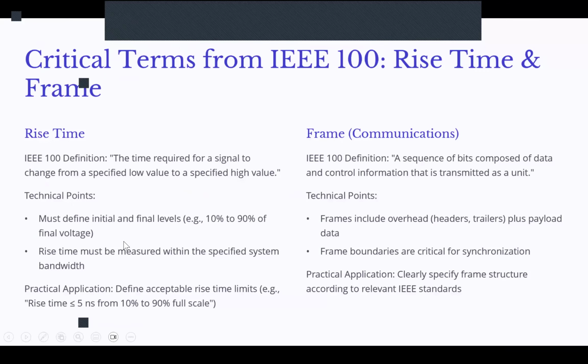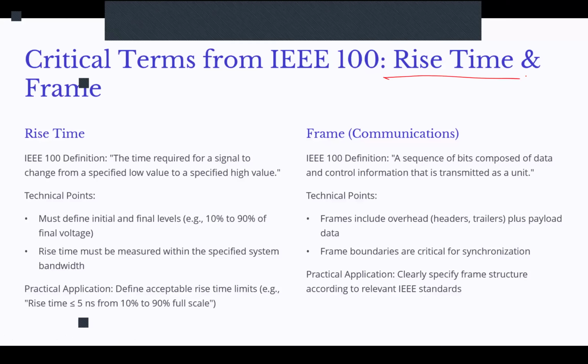The next terminology that I want to show you, to see how important definitions are in electrical engineering, is rise time. You probably read that regularly in engineering writing. What is the definition of rise time in IEEE 100? It is the time required for a signal to change from a specific low value to a specific high value.